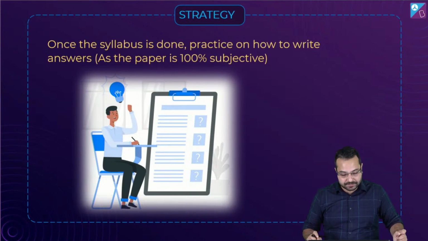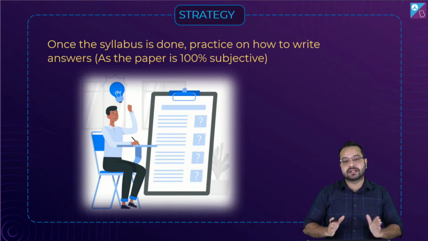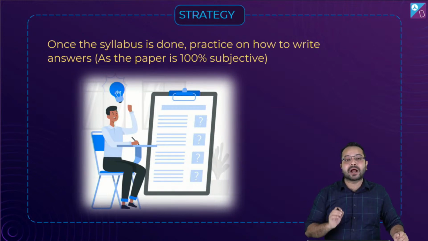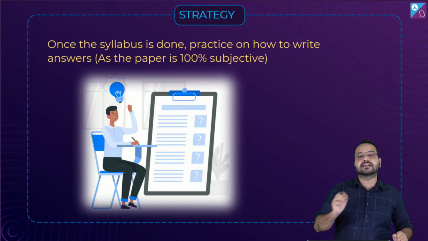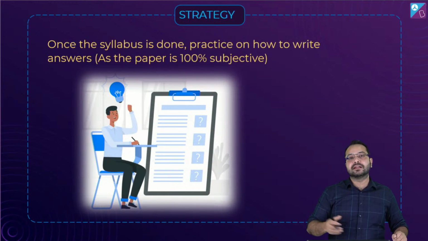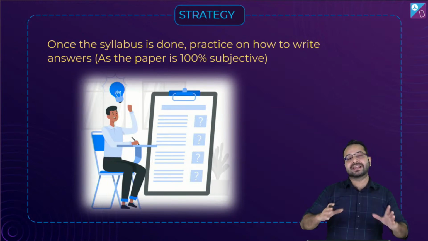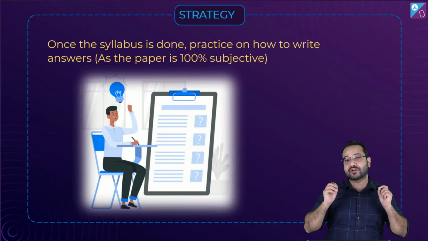The syllabus pattern here is subjective. For term 2 the pattern is subjective. Now if the pattern is subjective, then writing your answers is an art. It may happen that you know all the answers and understand the concept very well, but you are not able to write it properly. The examiner is only going to see what you have written. The examiner is not going to go into your head and try to figure out what you actually know.